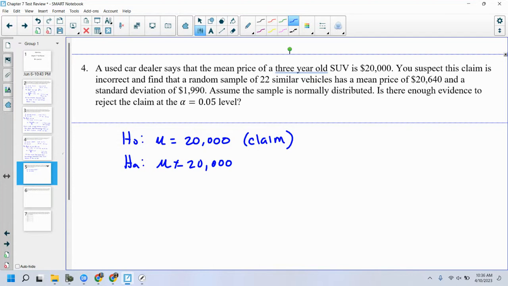So n is 22, x bar is 20,640, and the sample standard deviation s is 1,990. Alpha is the 0.05 level.